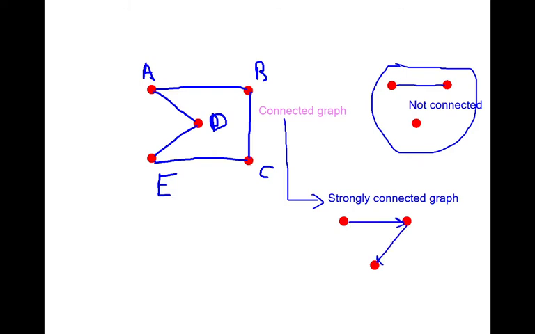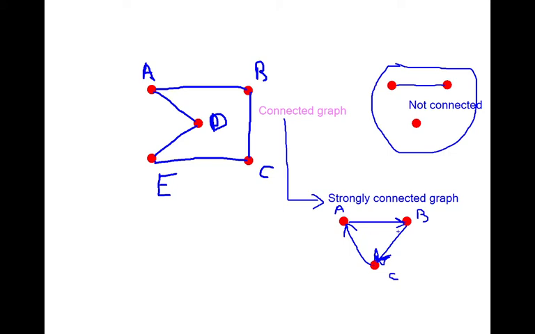Now let me label them as A, B, C. Edges have direction. From A I can go to B, from A I cannot go directly to C, but from A I can go to B and then C, so it's fine.